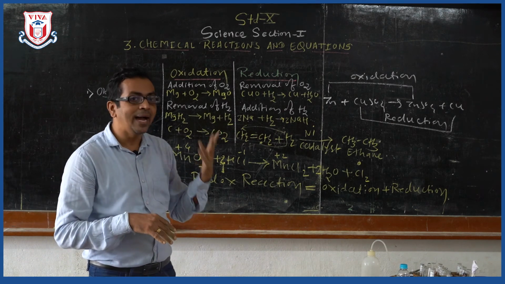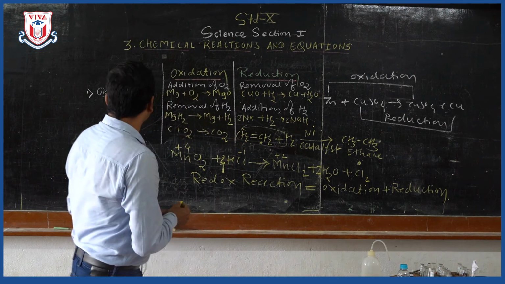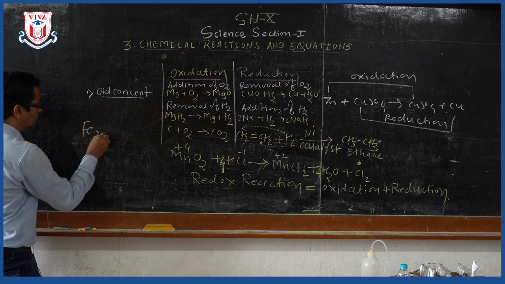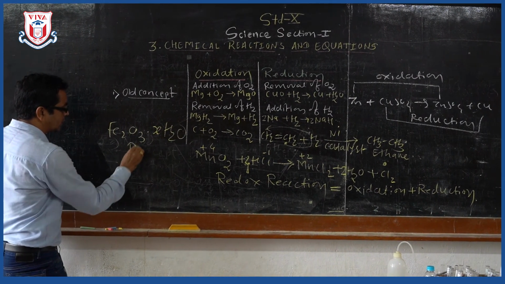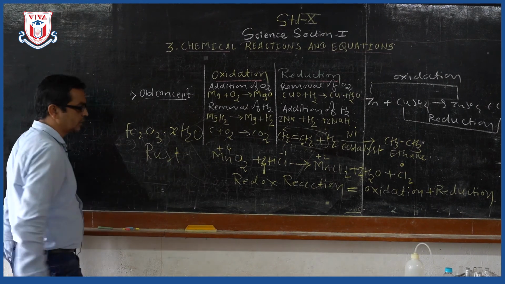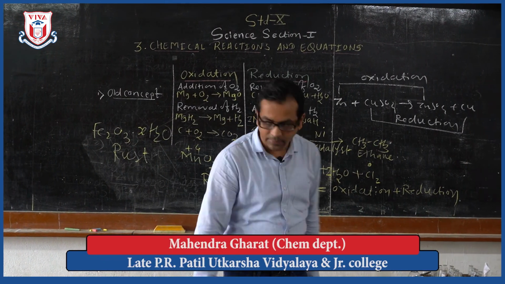And when iron is converted to its oxide, it is Fe2O3 having X number of water molecules, which is called rust. So what is the formula of rust?